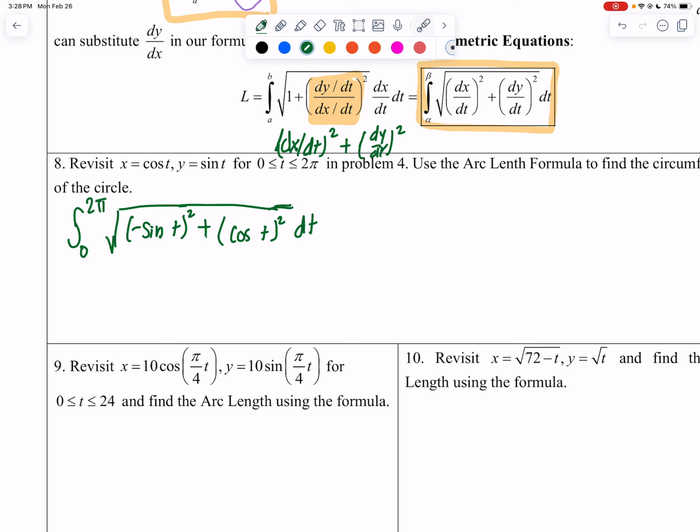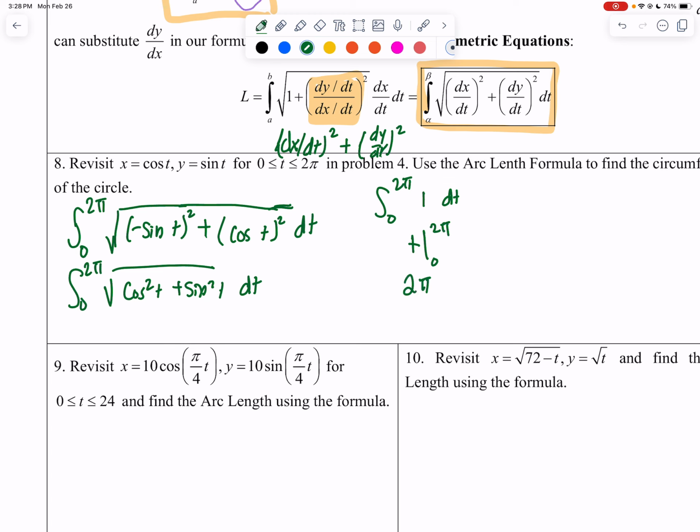A negative sine of t squared is going to be positive sine squared of t. And then this is positive cosine squared of t. So if I were to do that, that is going to give me cosine squared of t plus sine squared of t dt from 0 to 2 pi. Oh, guess what? This is just 1. So now I have the integral from 0 to 2 pi of 1 dt. That's just going to be t from 0 to 2 pi. That's how I get 2 pi as my answer.